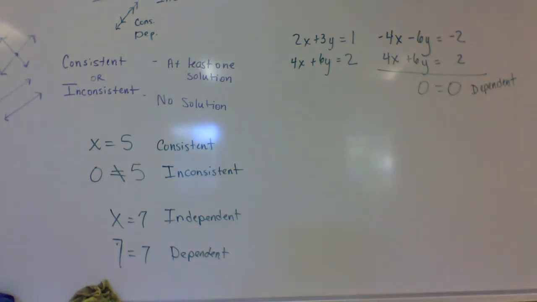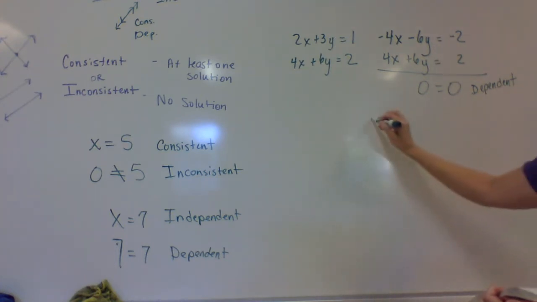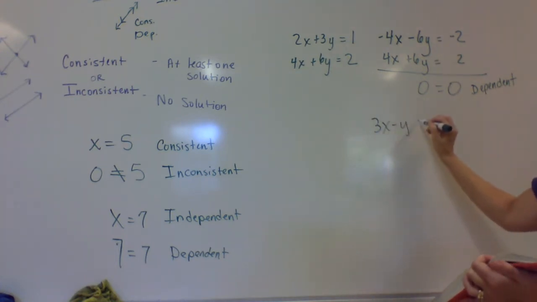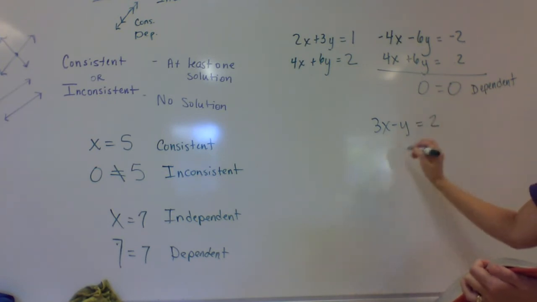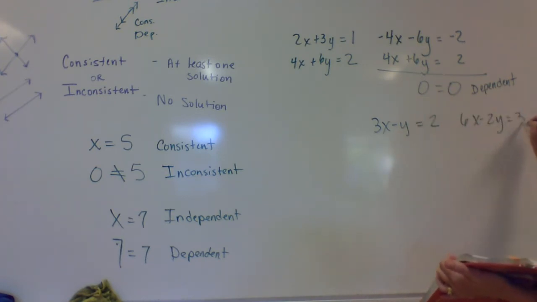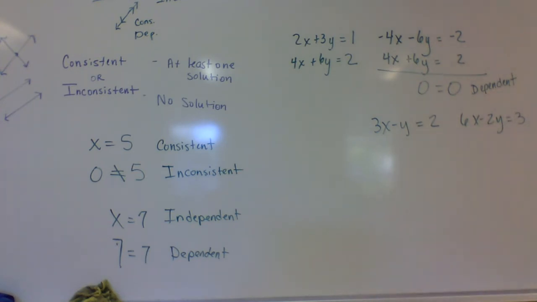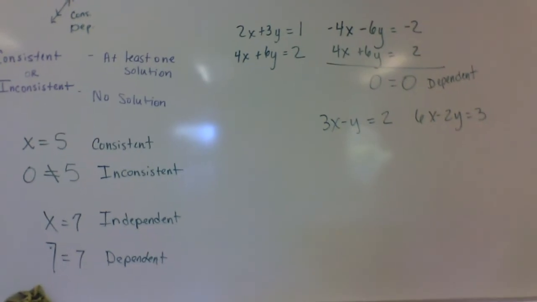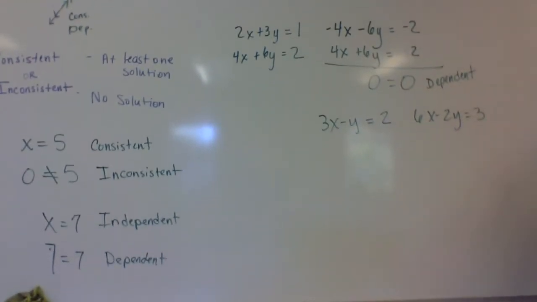Okay, how about, oh, that's a system of 3, and I don't want to. Let's try 3x minus y equals 2, and 6x minus 2y equals 3. Here's another set. Anybody got a plan again?